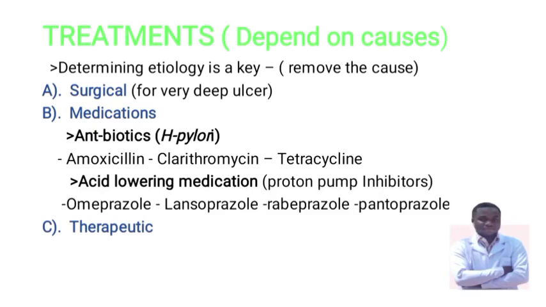The treatment of peptic ulcer disease depends on the causes. We are treating peptic ulcer disease by first looking at the causes, determining the etiology as the key to removing the causes. We can utilize three methods: the surgical method, medication, and therapeutic.